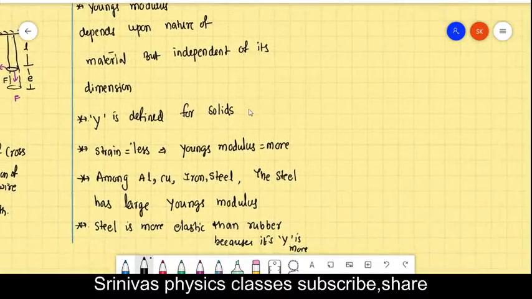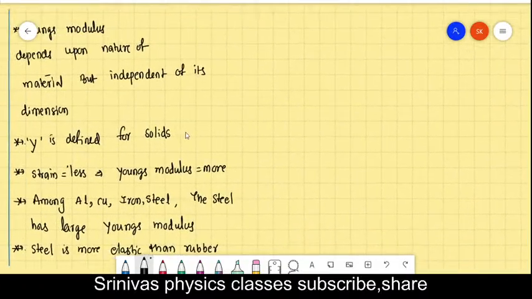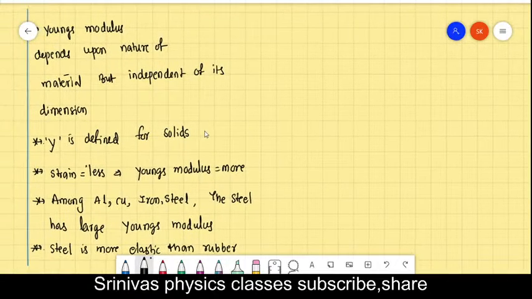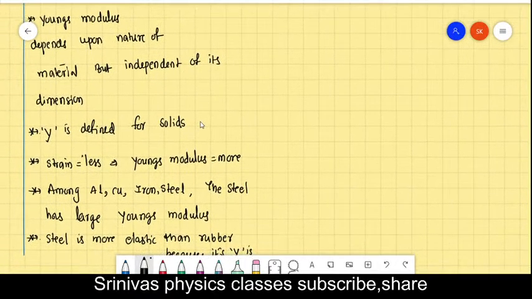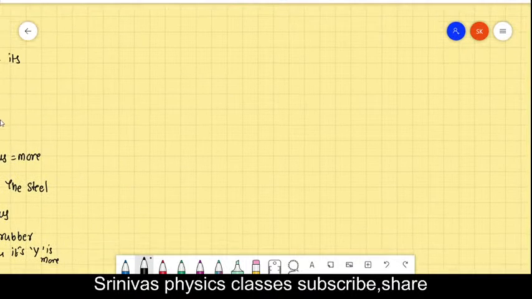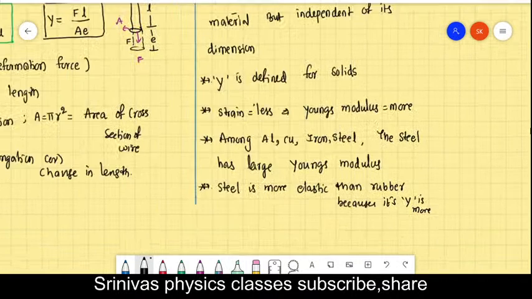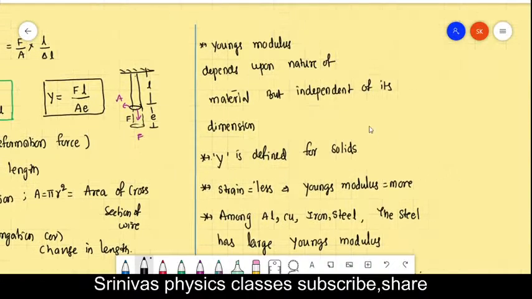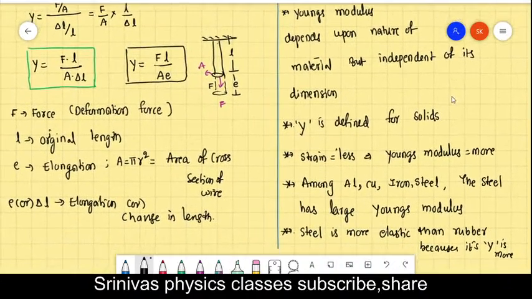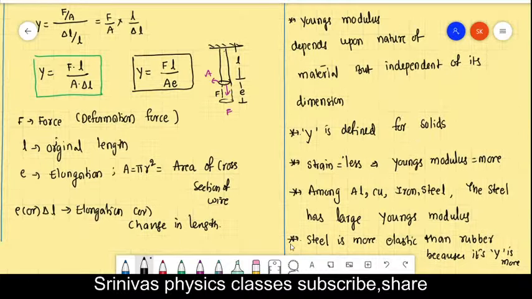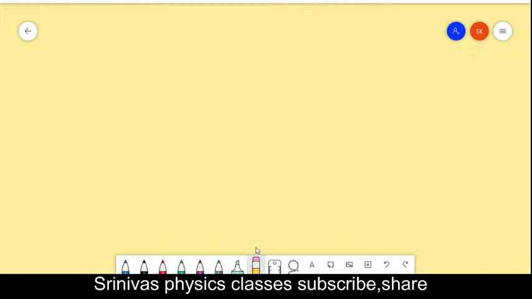Why is steel strong compared with aluminum, copper wire, and other materials? Because steel's Young's modulus is more, which means the strain is less, so change in length is less.